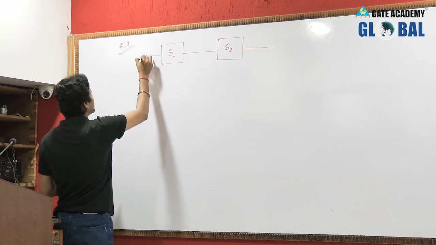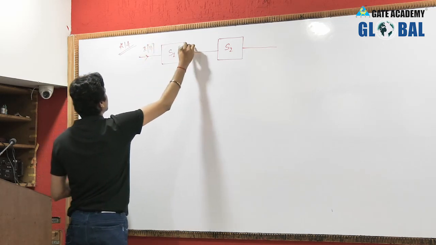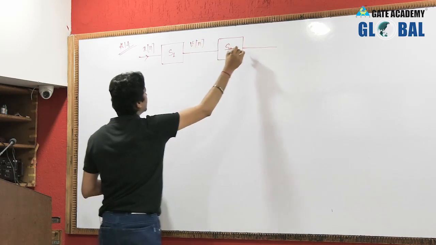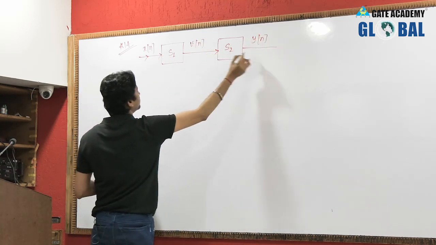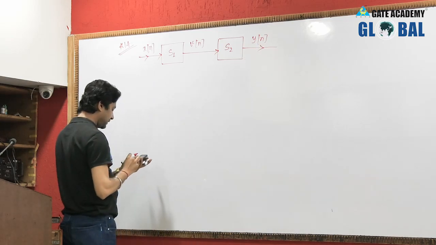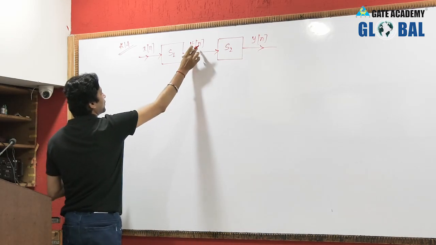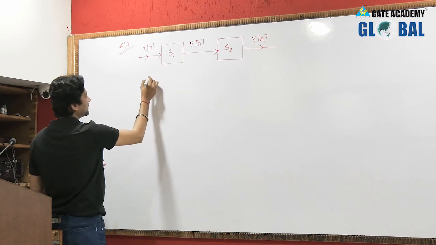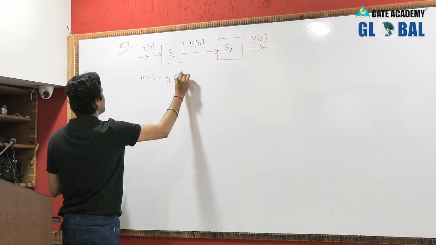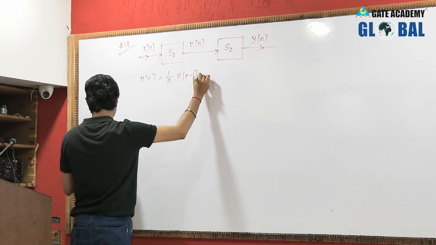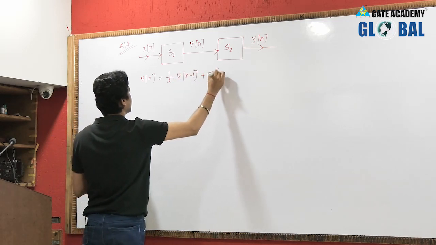So here the input applied is x of n, here it is v of n, and the final output is y of n. Now we are given the difference equation for the output of the first system S1, that is v of n, as 1 by 2 times v of n minus 1 plus x of n.